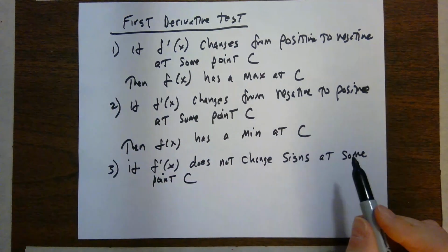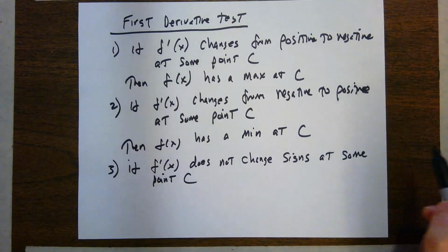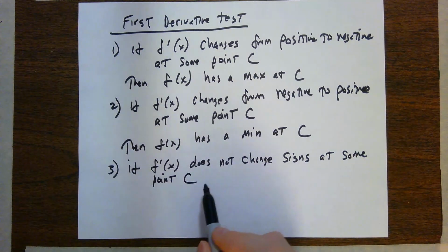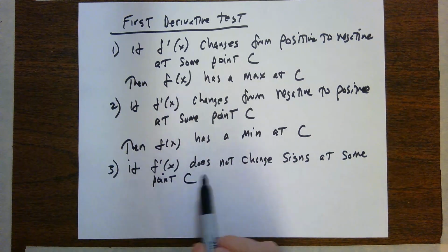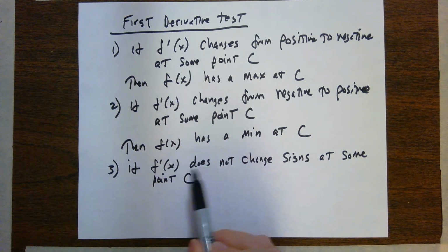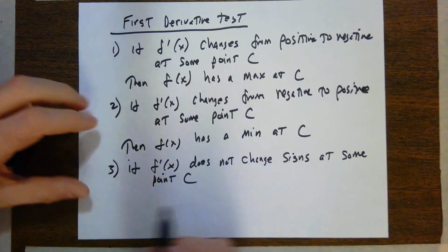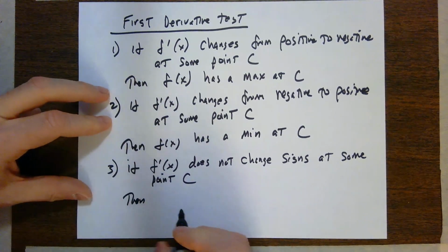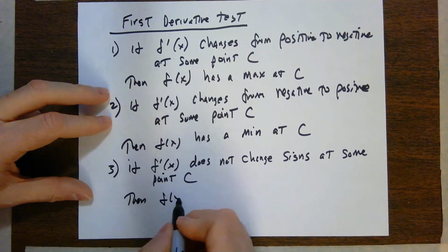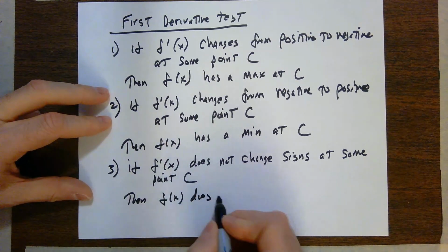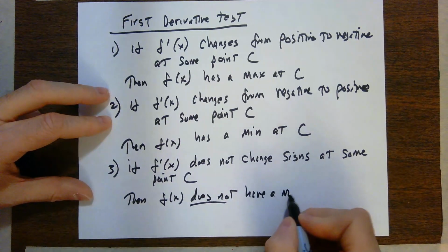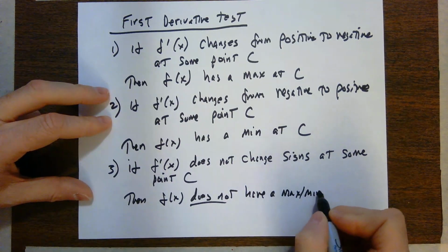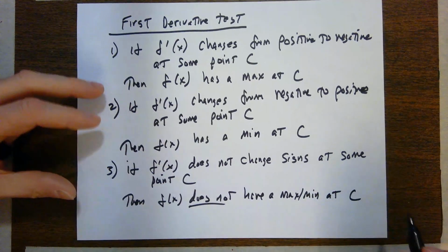So it was positive going into C, and then it's positive coming out at C, but at C it could have been 0. So it's positive on both sides of C, or it's negative on both sides of C. Well, then the function does not have a max or a min at point C.